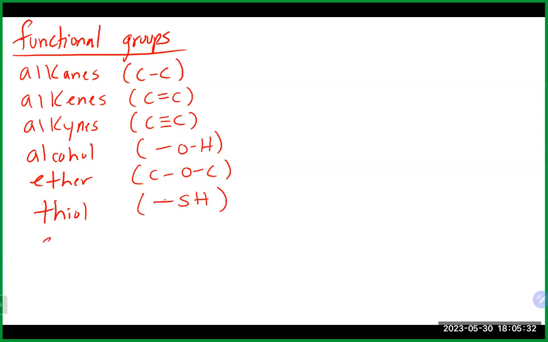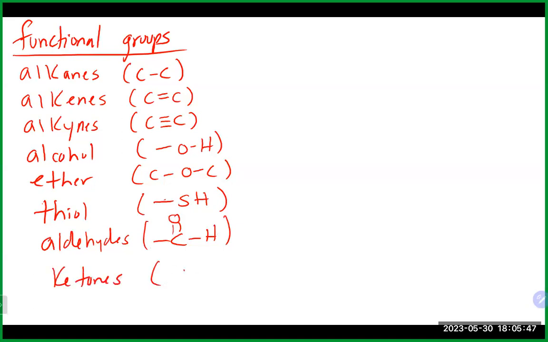There are aldehydes. Aldehydes have the carbon-oxygen double bond, a carbonyl group with a hydrogen at the end. There's also ketones. Ketones have basically a 3-carbon run and in the middle you have that carbon-oxygen double bond, makes it a ketone.